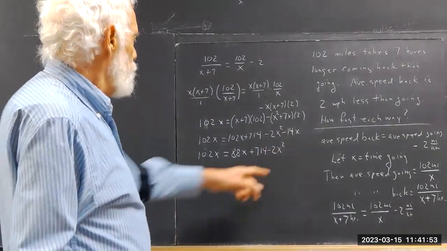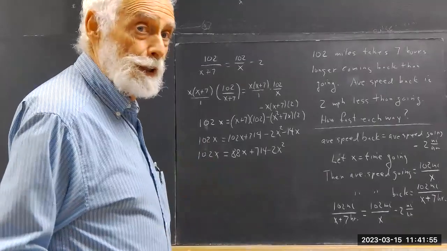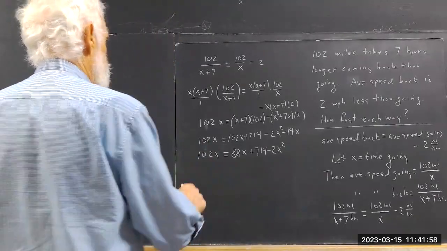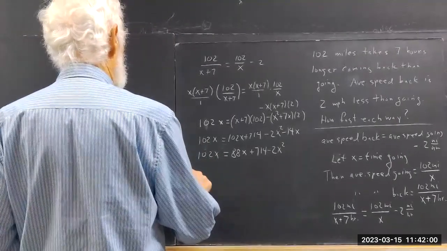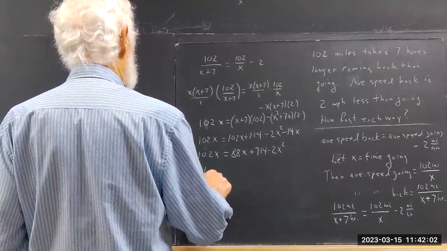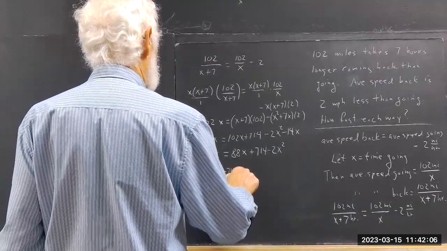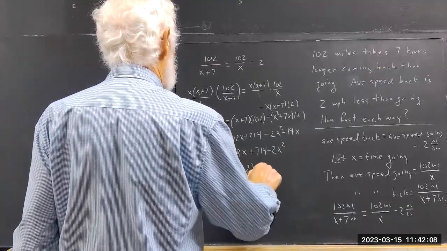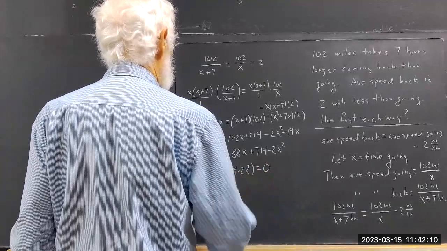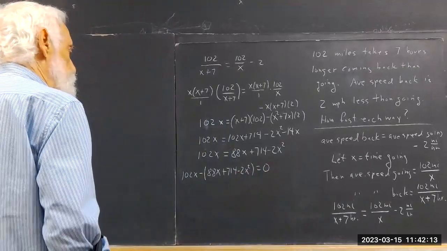And then if we subtract all this from both sides, we get 102x minus the quantity 88x plus 714 minus 2x squared equals 0.